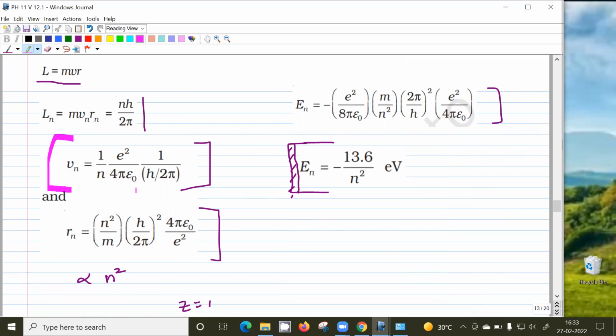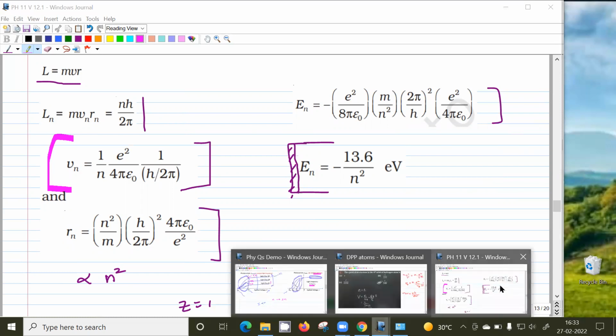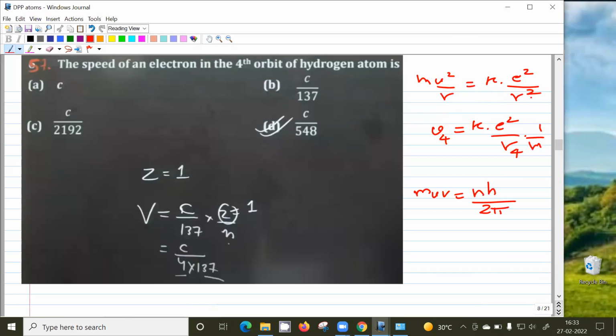This velocity is moving as 1 by N. So from this velocity, for the radius of the nth orbit, I have to get this velocity, which we'll get by using Coulomb's law only: V square by R, and V into R. So basically we have two equations and two unknowns.